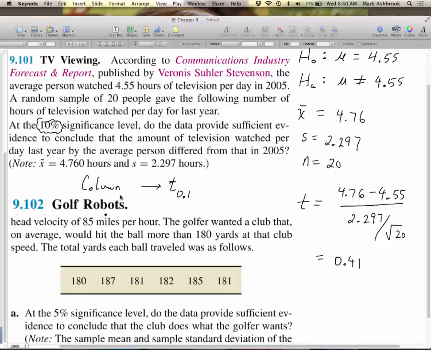And what's our degrees of freedom? Our degrees of freedom will always be one less than the size of your sample. So you're going to go into the row df of 19. And we're going to get a number. What number do you get? 1.328.